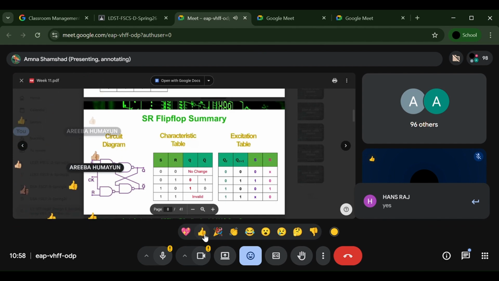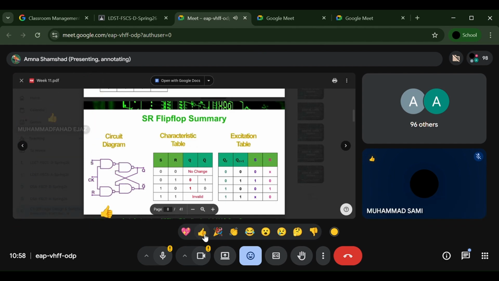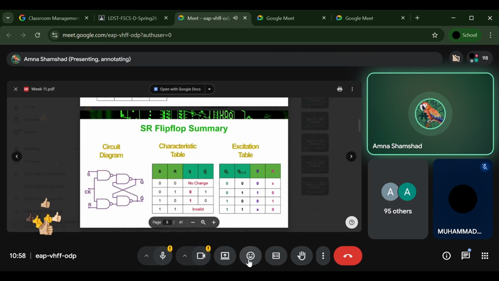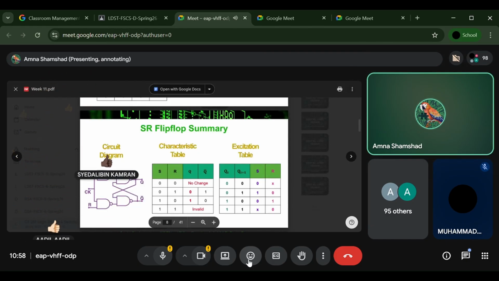The next combination is 0, 1. 0, 1 means the previous is 0 but the next is 1. So I am setting my output. From 0 to 1, it means I have applied input on S and R that will set my output.